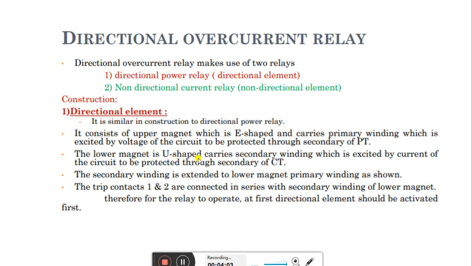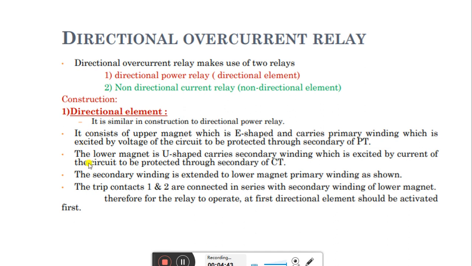And the lower magnet is U-shaped, carries a secondary winding which is excited by a current of the circuit to be protected through secondary of CT. The secondary winding is extended to lower magnet primary winding as shown. The trip contacts 1 and 2 are connected in series with secondary winding of lower magnet. Therefore, for relay to operate, directional element should be activated first.